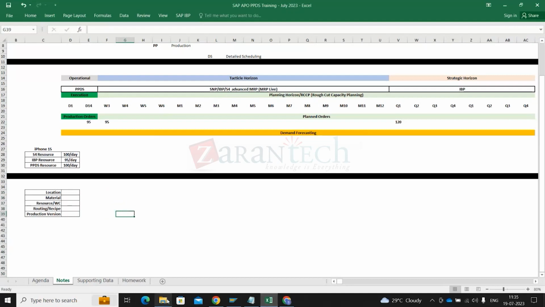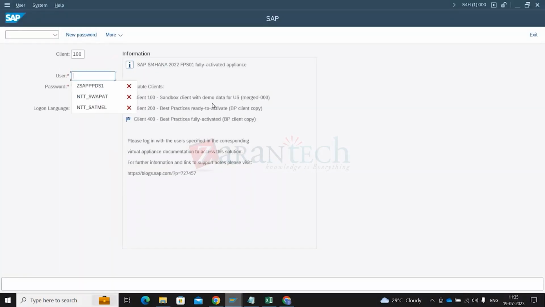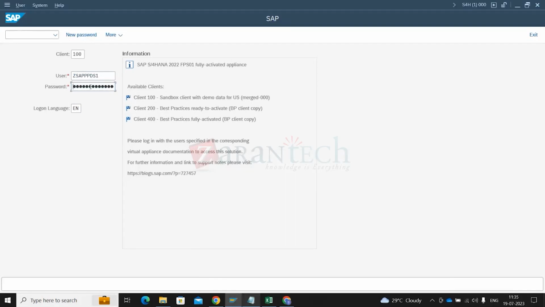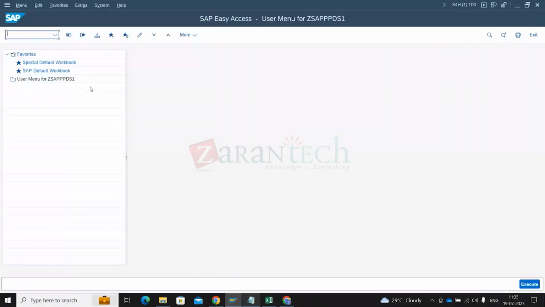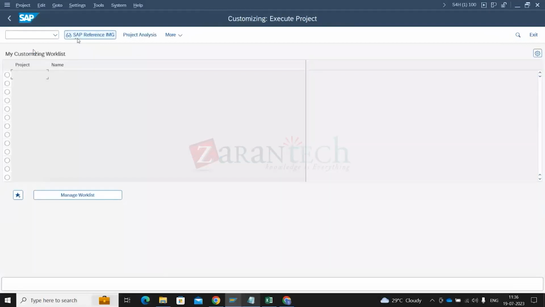Okay. So before we go in there, there are a few settings that you need to do when it comes to activating the PPDS system. So this is your S4HANA system. The first thing that you do is go to SPRO. This is not a daily or monthly activity. This is a one-time activity.